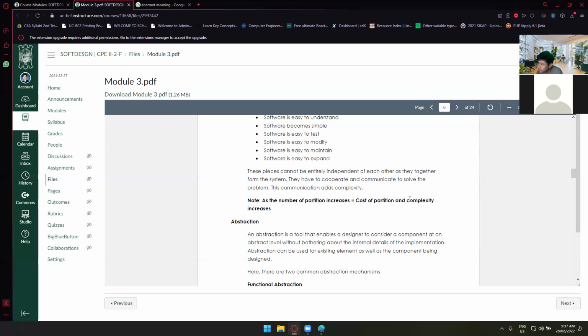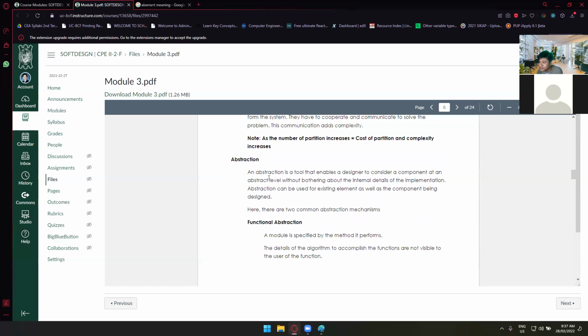That is not where the complexity is coming from, because the hard part is how you will combine these 2 modules without a problem, how you will combine these 3 modules without a problem. And then of course the cost of partition. I guess this is already a given, but that's why complexity increases as you have more partitions.